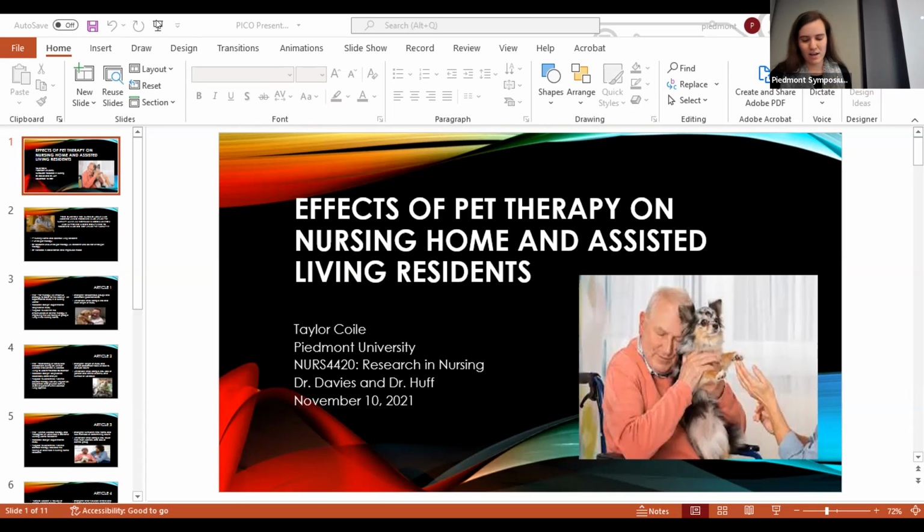So for this study, they took 22 residents from 4 different facilities, and they did activities such as feeding, walking, playing fetch, giving treats, just doing different training commands, that kind of stuff with dogs in multiple sessions to encourage the residents' motor skills as well as social skills. And the mood and physical activity were assessed using various tools over multiple months.